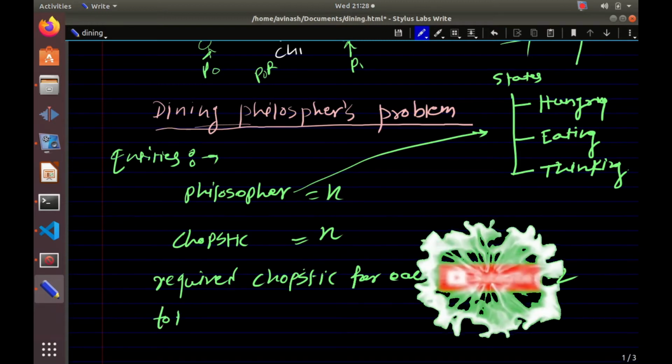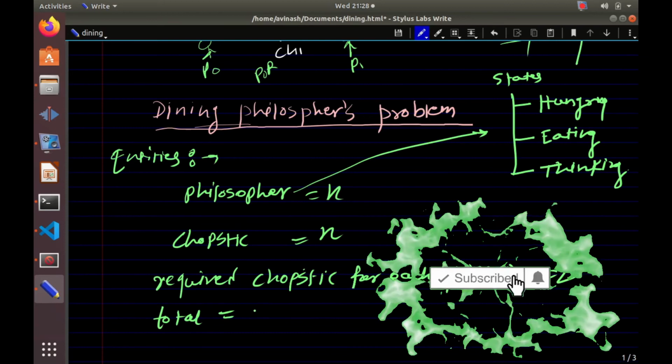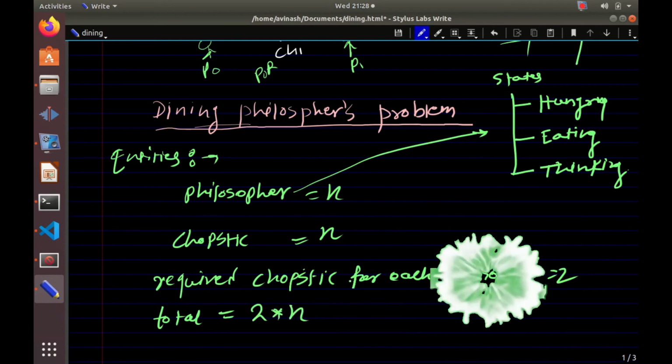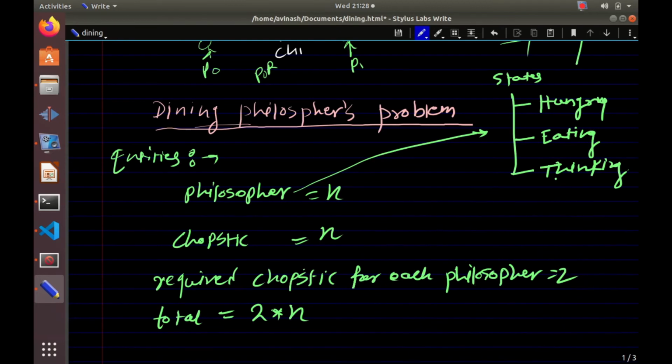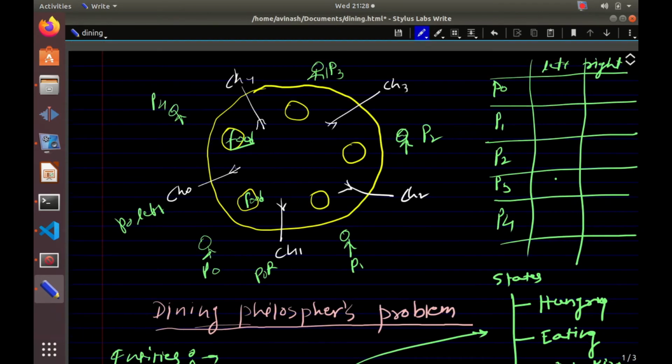So the total chopsticks required will be 2 into n, that is 2n. But as given in this example, there are 5 philosophers and 5 chopsticks. That means there are only n chopsticks available here: chopstick 0, 1, 2, 3 and 4. So the total is 5 chopsticks, and the philosophers are P0, P1, P2, P3, P4.